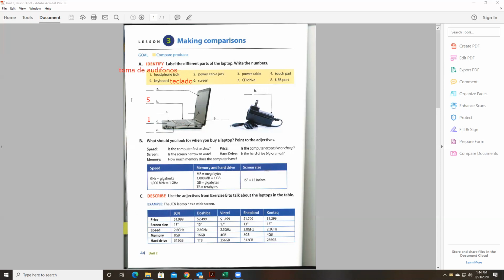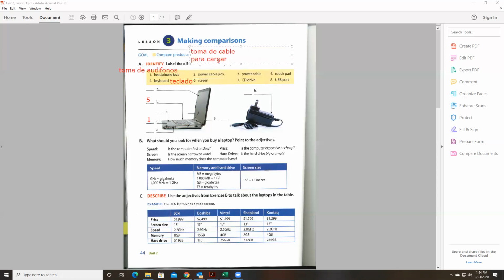All right, let's look at the next one. Is a power cable jack. Again, toma de cable para, I'm trying to think of, para cargar.